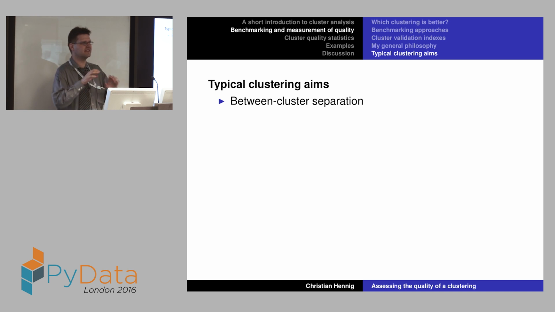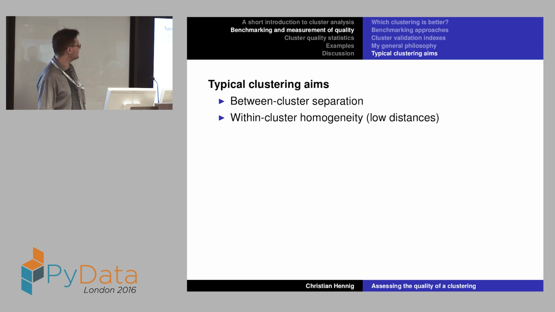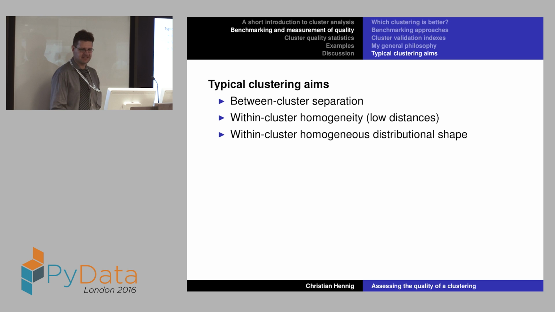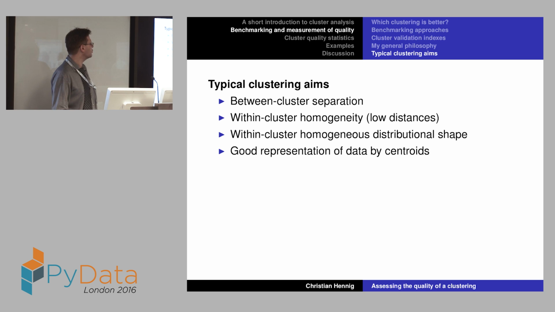So you could be interested in clusters that are well separated from each other, in clusters that are very homogeneous in the sense of having low within cluster distances. You could be interested in clusters that can be modeled by homogeneous distributional shapes like the Gaussian or the uniform distribution. You could be interested in having a good representation of your data by centroids.